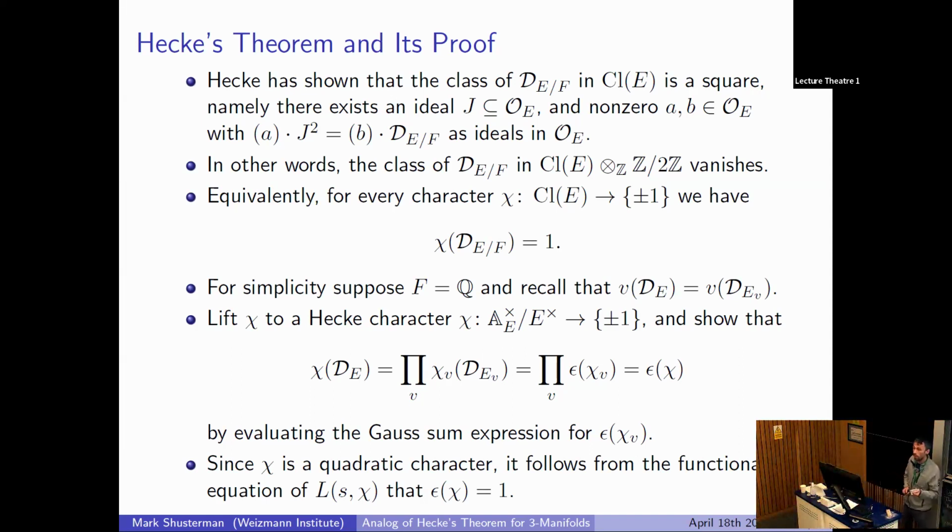So if you look at the functional equation of the quadratic character, there's never going to be a -1 sign. It's always going to be +1. This is proven very nicely in Tate's thesis, but of course you can also prove it in a much more elementary way.